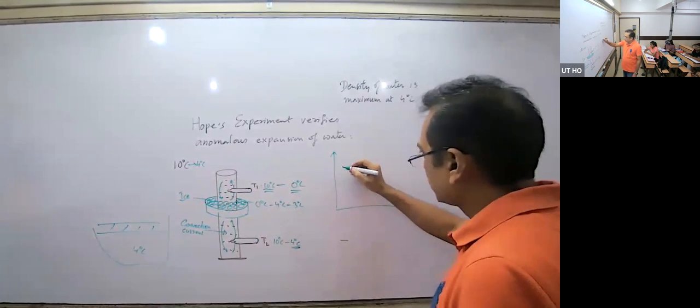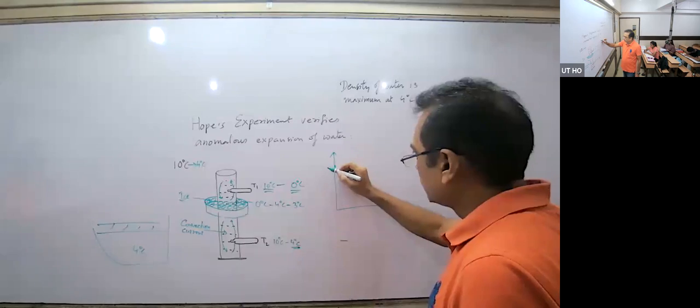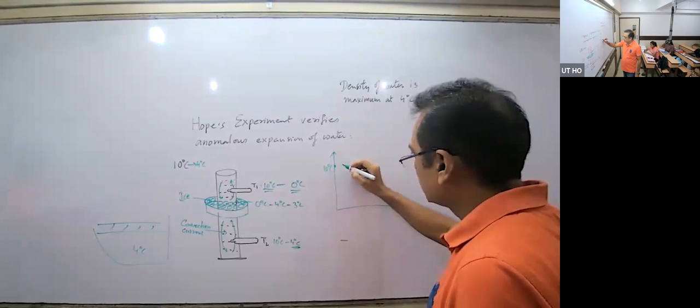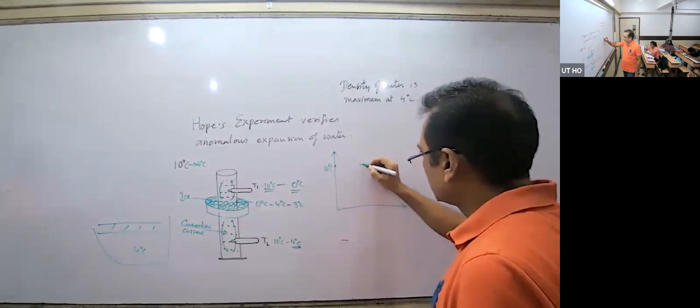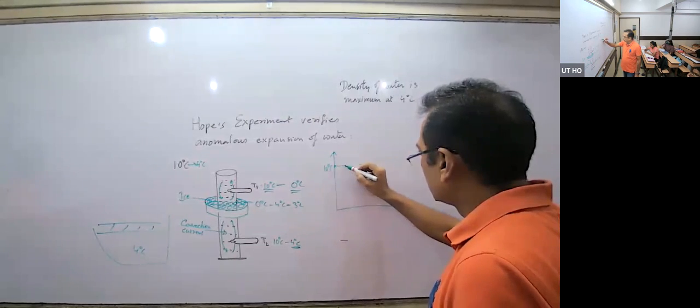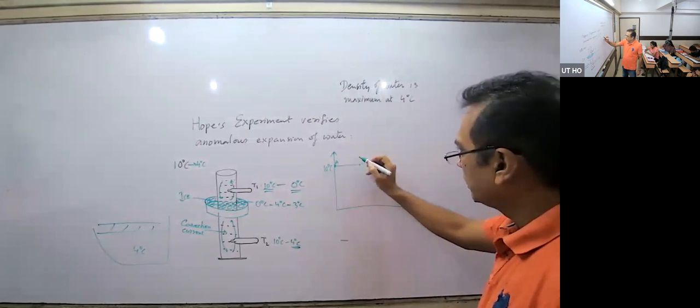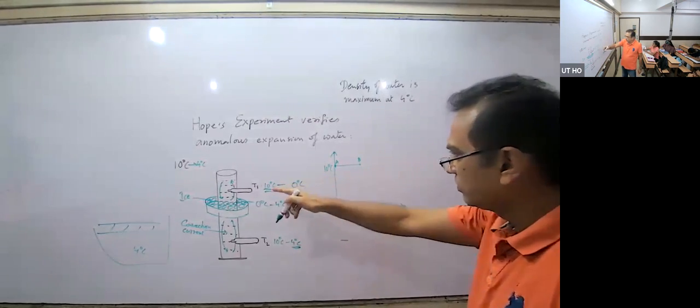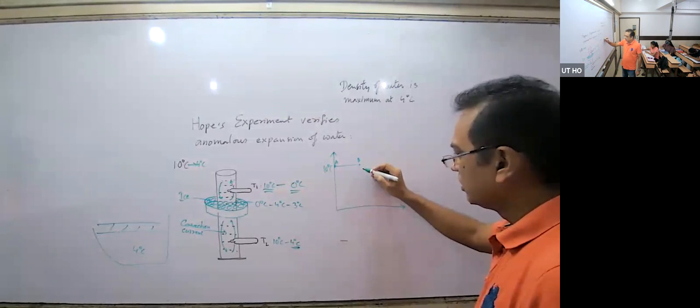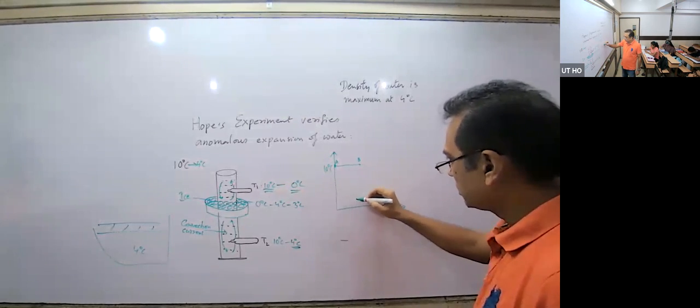So let us say this was 10 degrees Celsius. This is point B. During A and B, the temperature of the upper thermometer remains the same, but after B, it reaches 0 degrees Celsius.